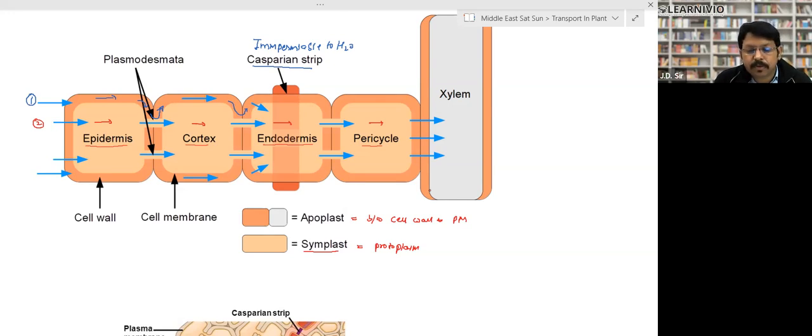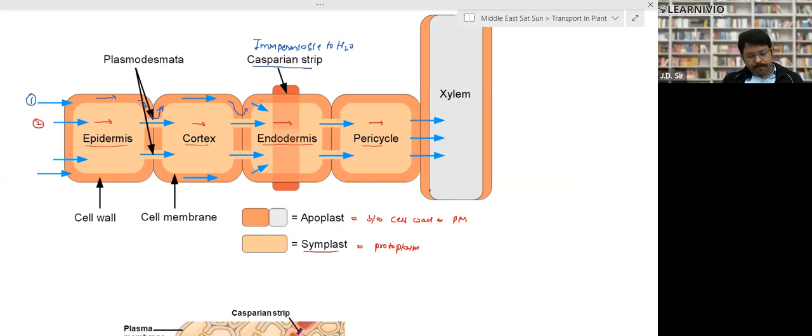Is it clear or not? Apoplastic and symplastic pathway. Tell me, guys. Samaira, Minashi, Atif, Alvia, tell me. Apoplastic, symplastic pathway clear? Yes, sir.